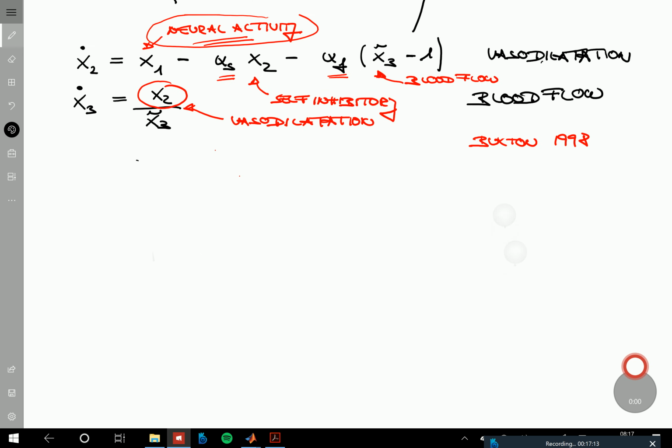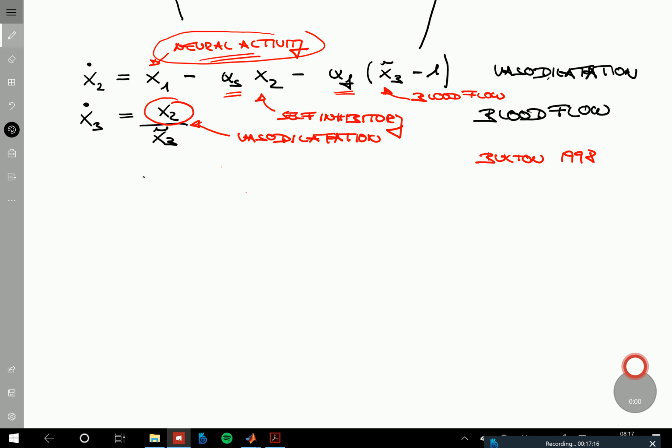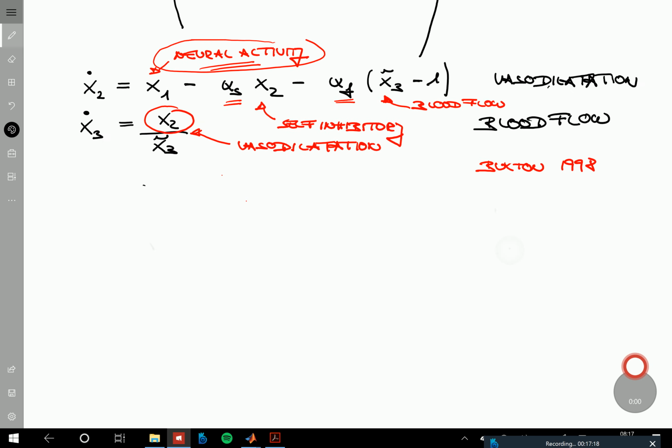Good, so this is the vasodilatation blood flow aspect, which is modeled for each region.